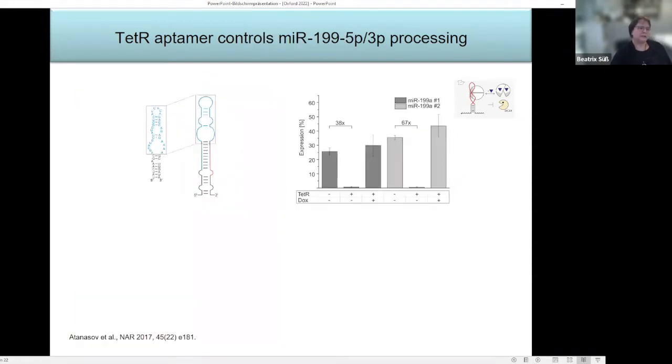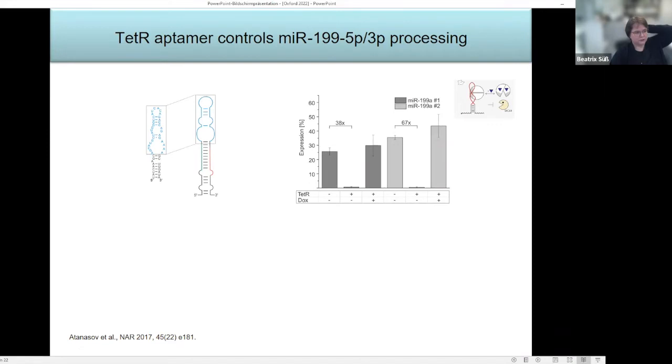And this is one example for a microRNA 199. We did it in total for, I think, 3 or 4 different microRNAs, and we determined the amount of mature microRNAs by qRT-PCR.